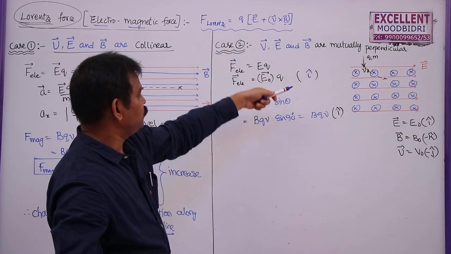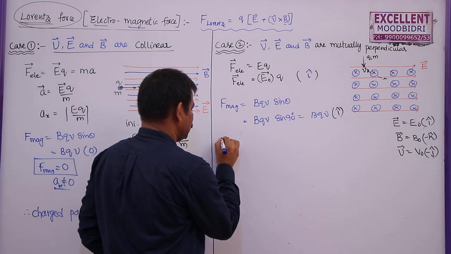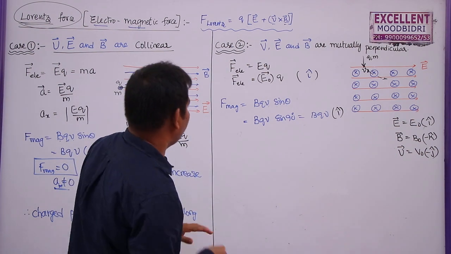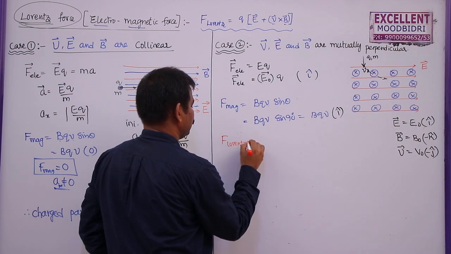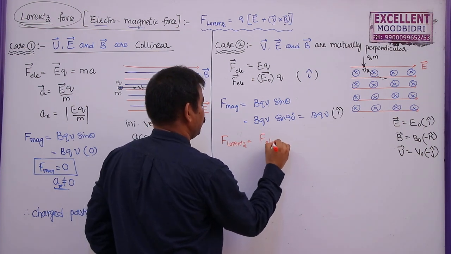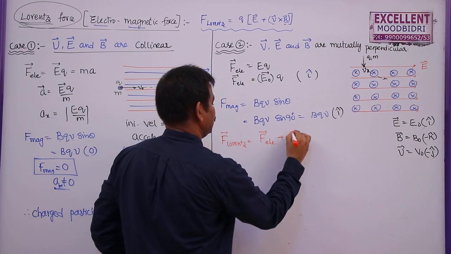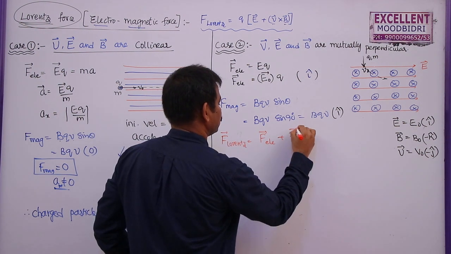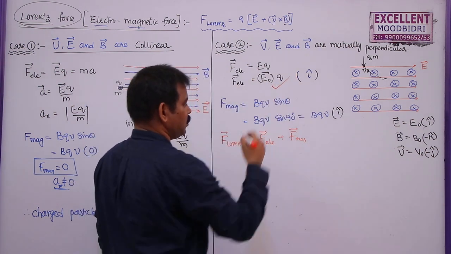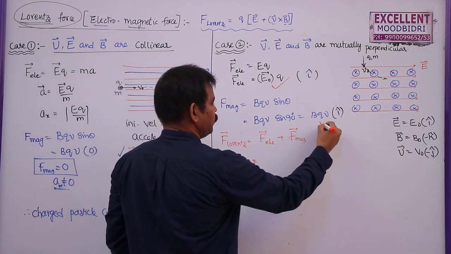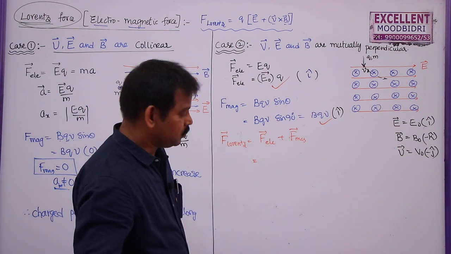So what is the Lorentz force in this case? The Lorentz force in this case is given by F Lorentz is given by electric force plus magnetic force. So what is this electric force? This is E naught Q. What is magnetic force? BQV. Now let me substitute these two values.